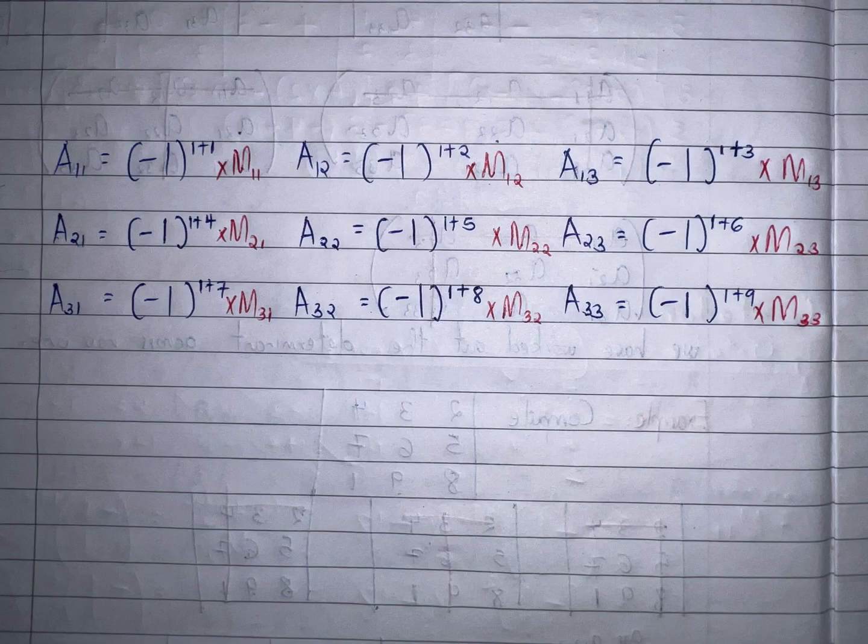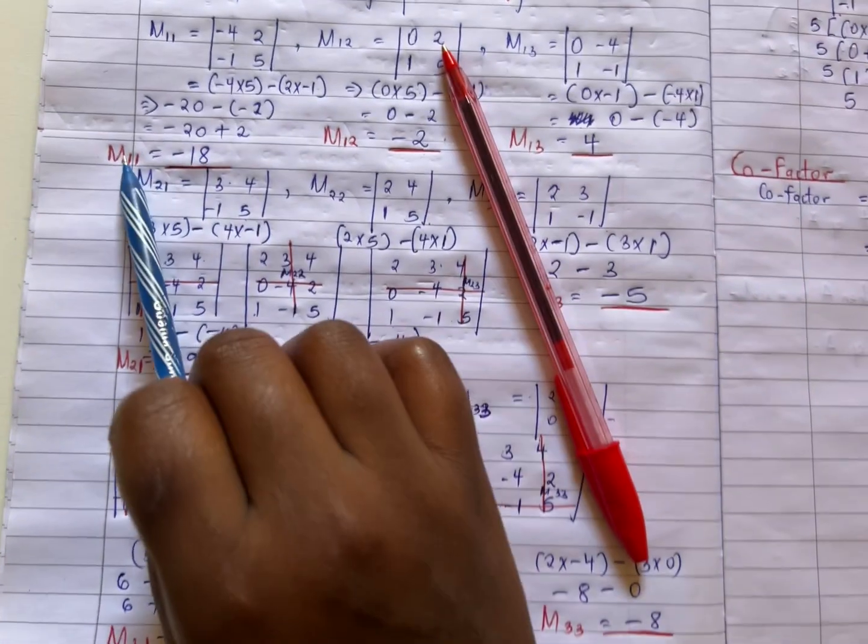A11 is equal to negative 1 power 1 plus 1 times M11. Then A12 is equal to negative 1 power 1 plus 2 times M12. You see the j part is increasing by 1. You're going to do that for all the values up to A33, which will be equal to negative 1 power 1 plus 9 times M33.